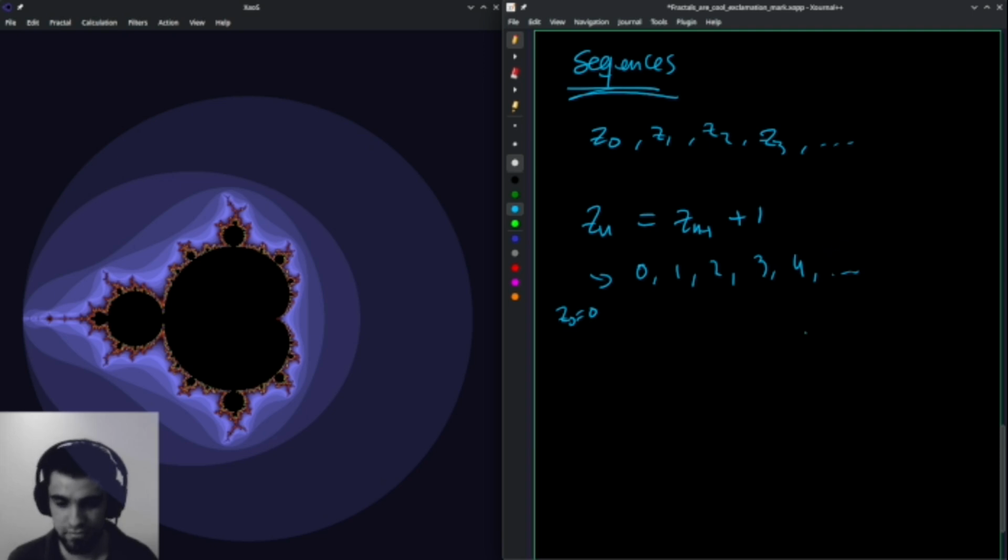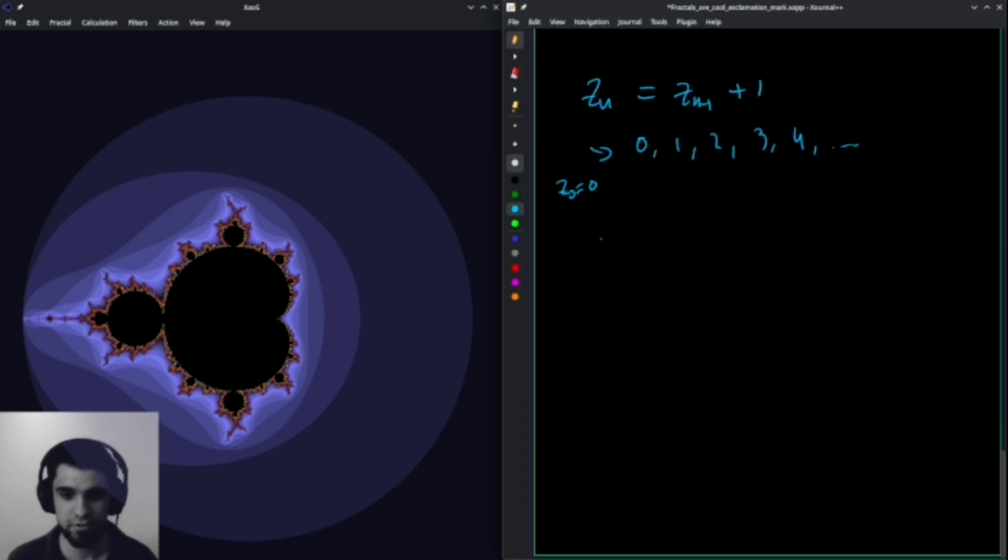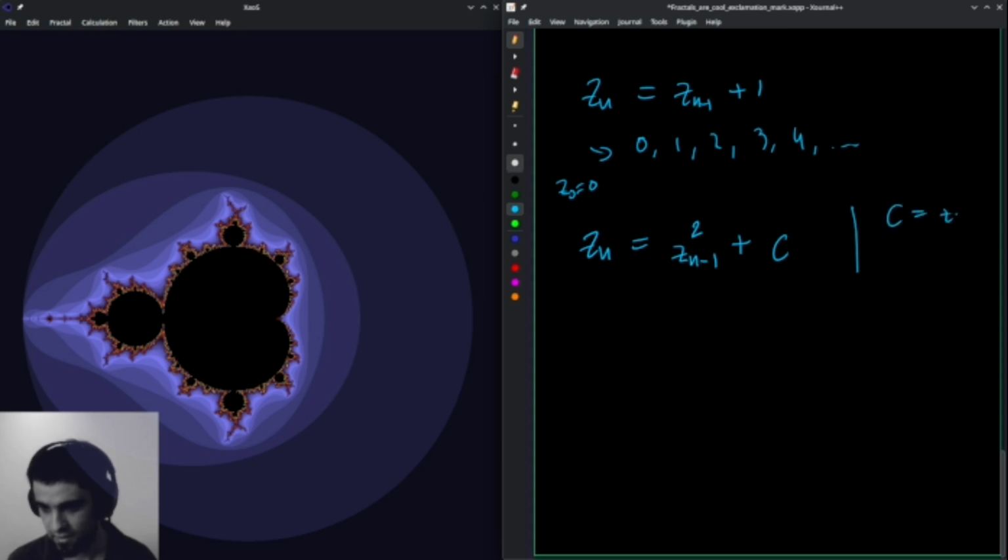And so the sequence we're going to look at is zn equals zn-1 squared plus a constant c. So every number is going to be the previous number squared plus c. And this constant c is actually going to be z0 for now.